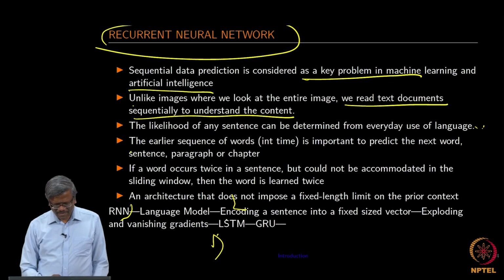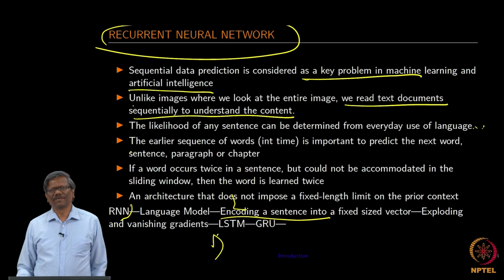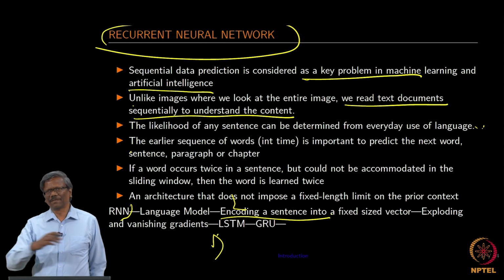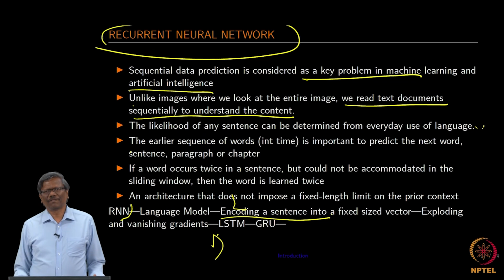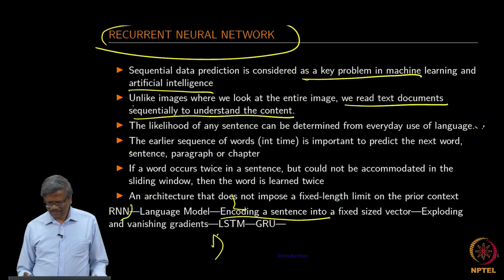Okay. And then, how do I encode a sentence into a fixed size vector? Given a long sentence of 50 words, can I compress that into a fixed size vector like we had done in the embedding of words? Can I create an embedded or dense vector for a sentence?